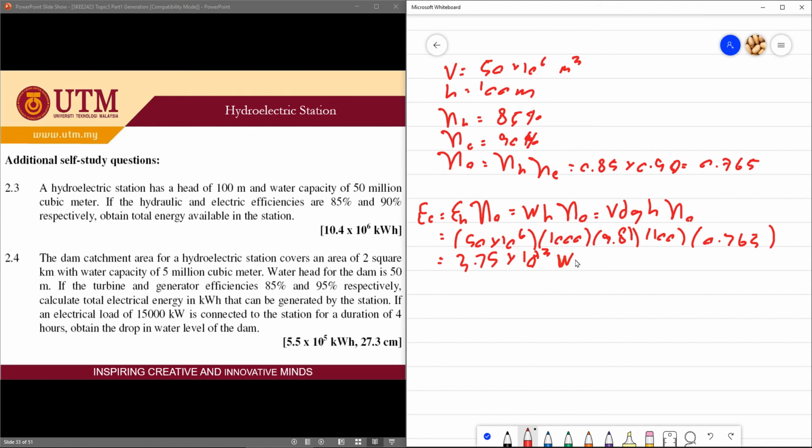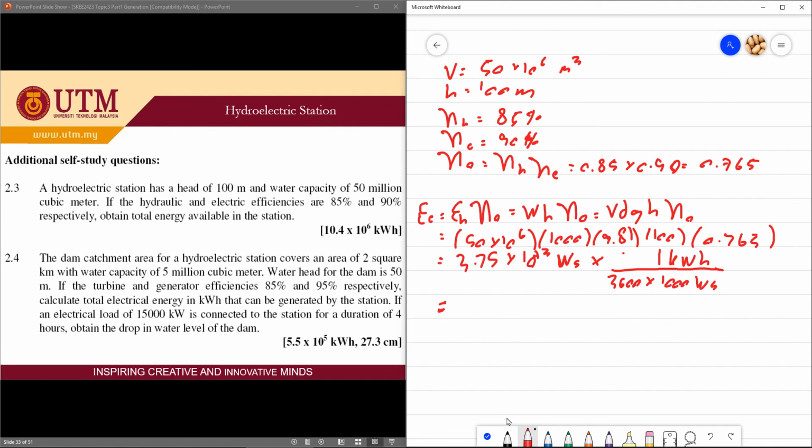watt second. Okay, this is the unit. Watt second. So after this you have to convert it to kilowatt hour. 3600 multiplied by 1000 watt second is equal to 1 kilowatt hour. So this one I just simplified. After this you can go a little bit faster with the simplification, but in the beginning you can do it one by one.